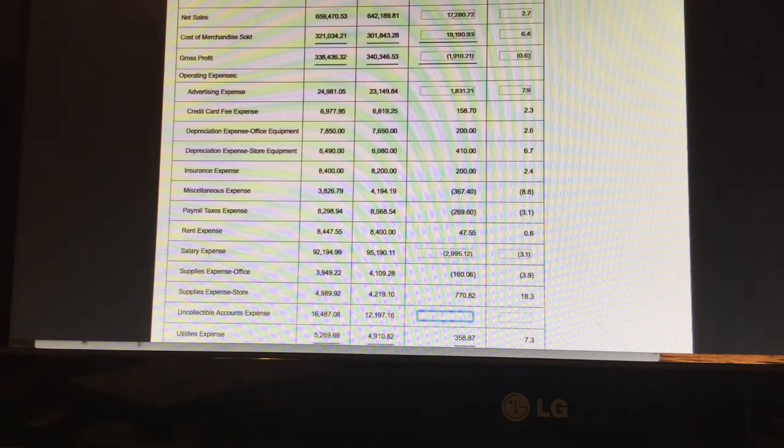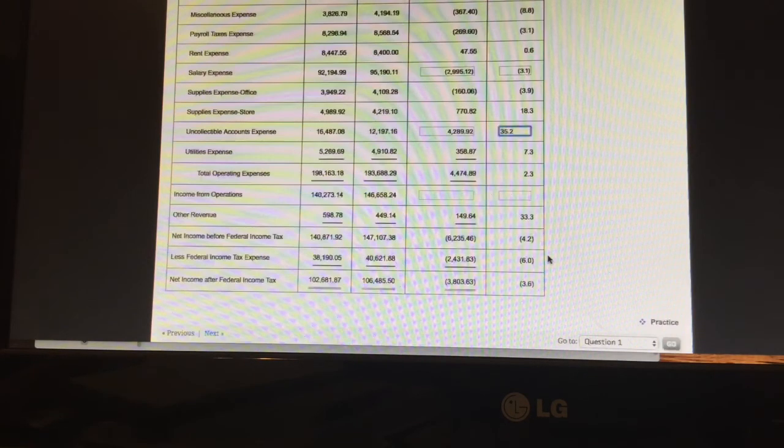Our uncollectible, $42,089.92. This is a 35.2% increase. Lastly, our income from operations is negative 6,385.10, 4.4. Make sure you're putting the negative. And this is actually a very short and sweet lesson.